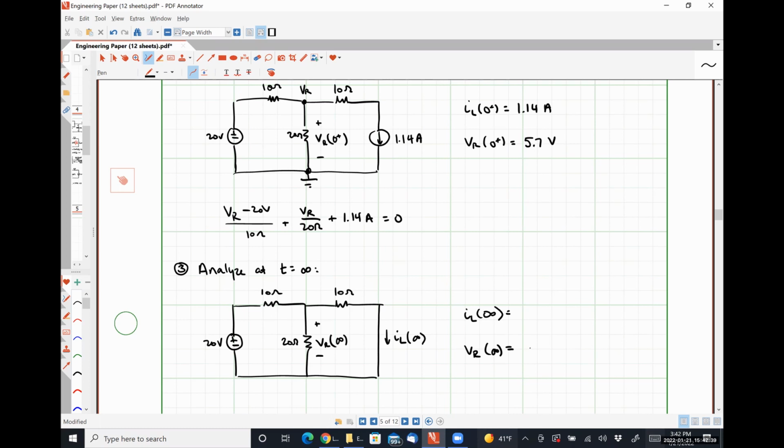Eight volts. Anybody else confirm that? David, I think, just gave me a thumbs up.